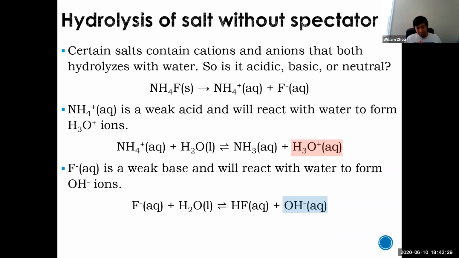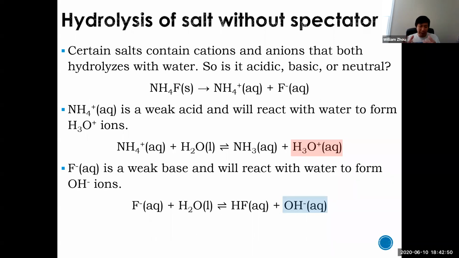Think about what makes a solution acidic or basic. A solution is acidic if H3O outnumbers OH. If you have more H3O than OH, you're acidic. And if you have more OH than H3O, you're going to be basic.